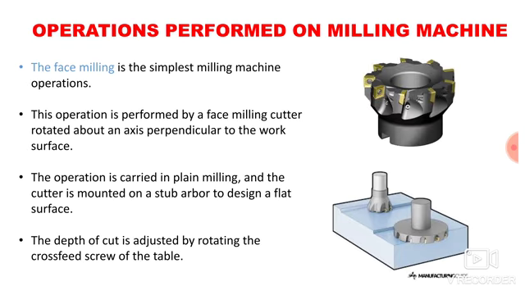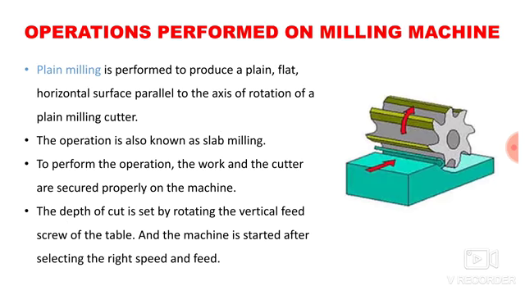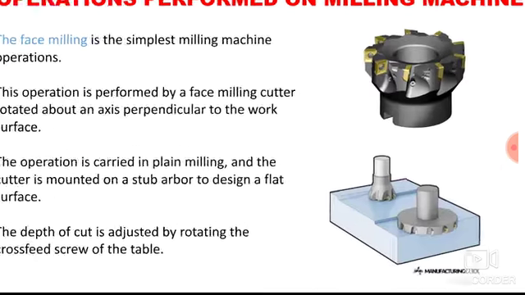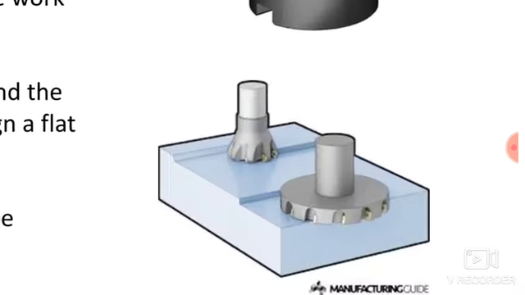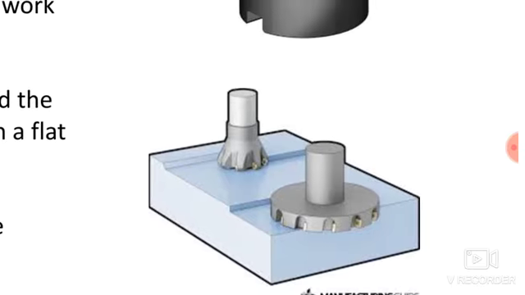The second operation is face milling. Face milling is the simplest milling machine operation. This operation is performed by a face milling cutter rotated about an axis perpendicular to the work surface. In plane milling the axis of the rotating cutter is parallel to the surface, whereas in the face milling operation, here you can see, these are two different cutters and the axis of this cutter is perpendicular to the workpiece.